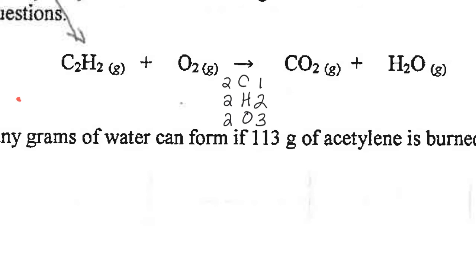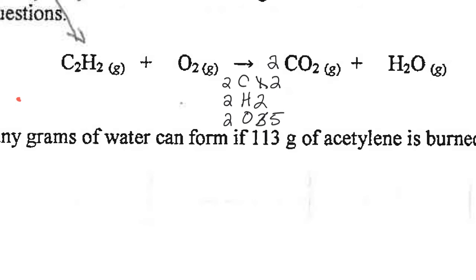So I need to have 2 carbons. The only way to get 2 carbons is to put a 2 in front of here. Now I'm going to update my totals. And that gives me 4 oxygen plus the 1 in the water, a total of 5. I'm balanced for carbon and for hydrogen, but not for oxygen.